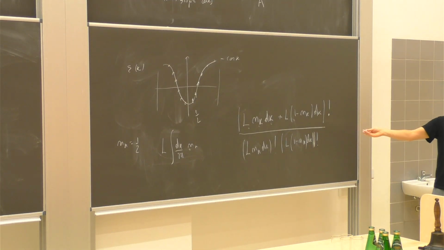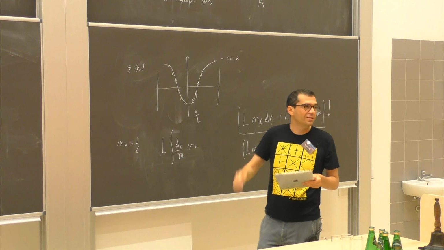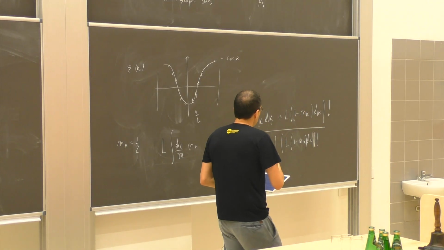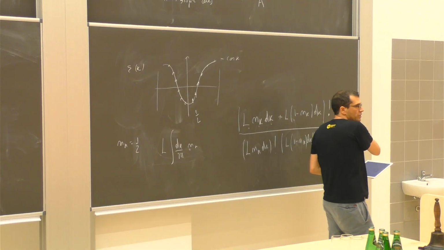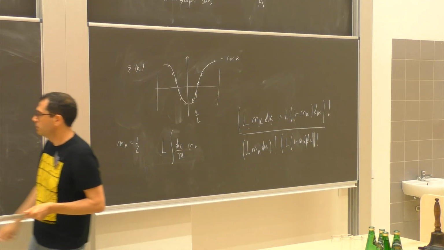It's a simple trick: you have L boxes, and then you want to occupy them. In the large L limit, you can use Stirling, and then you can show that you get this formula here.